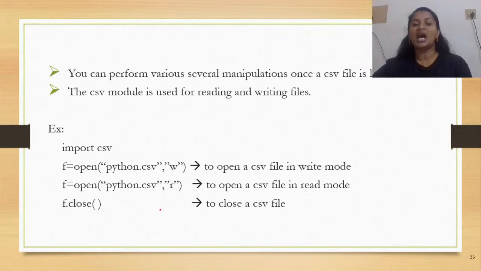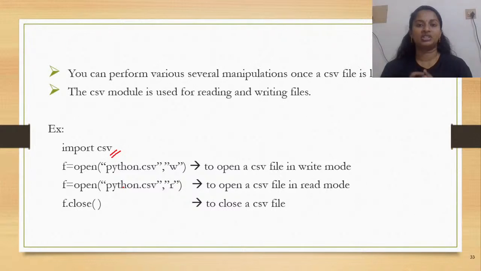Now let us see what are the different ways in which you can open a CSV file and close a CSV file. Okay. So the first thing that we learned was definitely importing the CSV module, and so we have written that. Now, if you want to open a CSV file in the write mode, how do you actually open a text file in the write or read mode? We already know that it was using the open function, right?